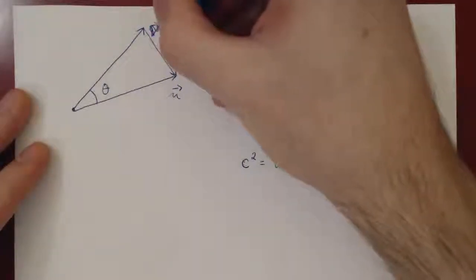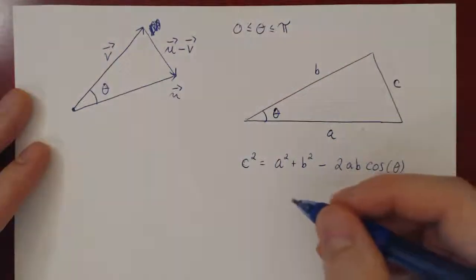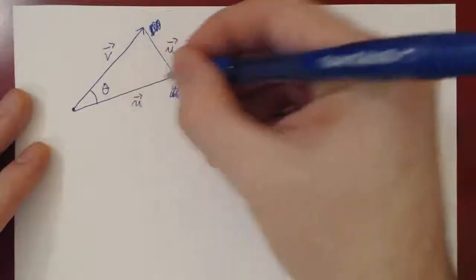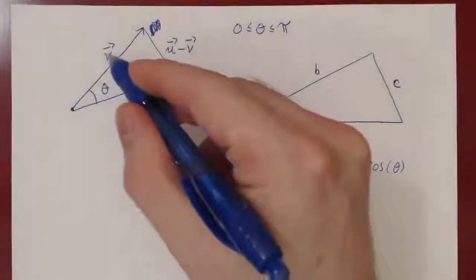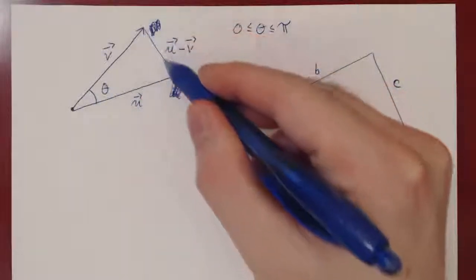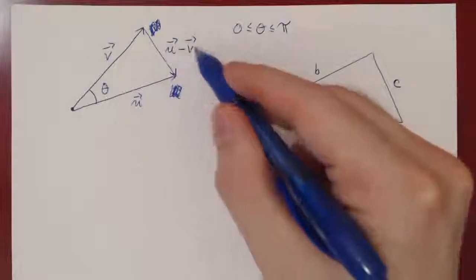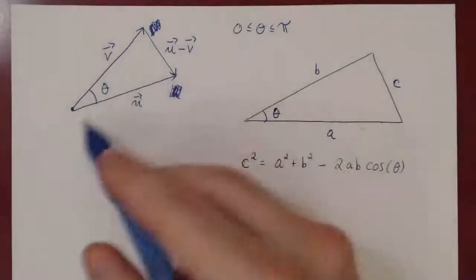This was our vector v, and this is our vector u. So we now have a triangle, right? This vector added with this vector should give us u, but v plus u minus v is u. So it works out. Now we have a triangle.